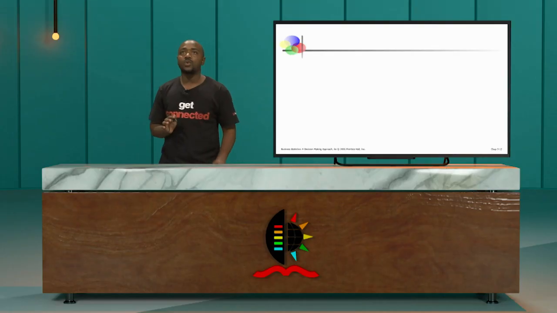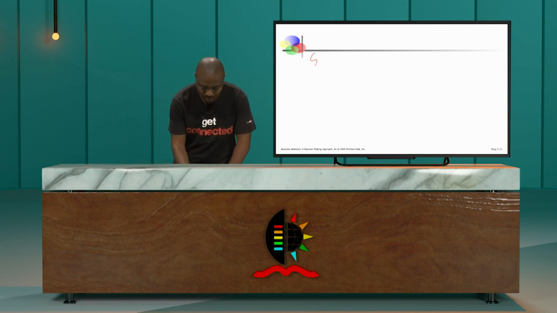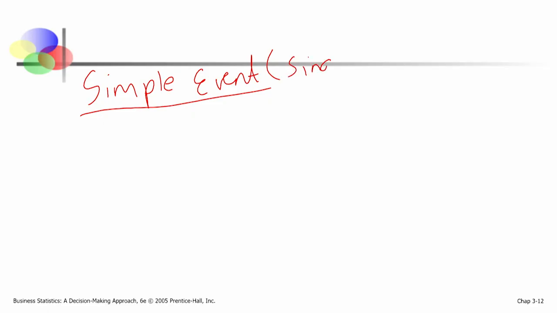Now you've got what is known as a simple event, or single event. This is the event that has only one element.